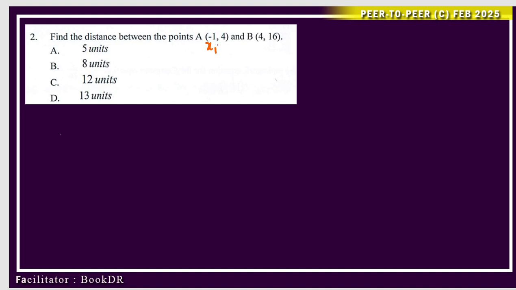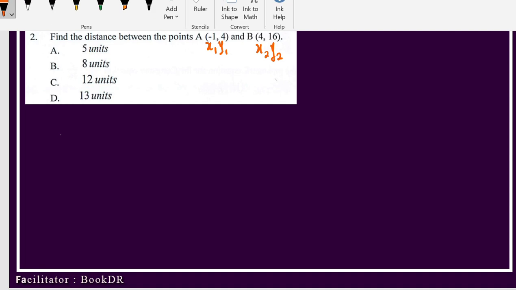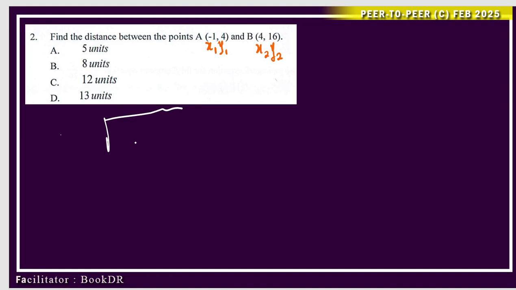Let's label this one x1, y1, then here x2, y2. By the distance between 2 points on the Cartesian coordinate formula, the distance is equal to the square root of x1 minus x2 all squared plus y1 minus y2 all squared.